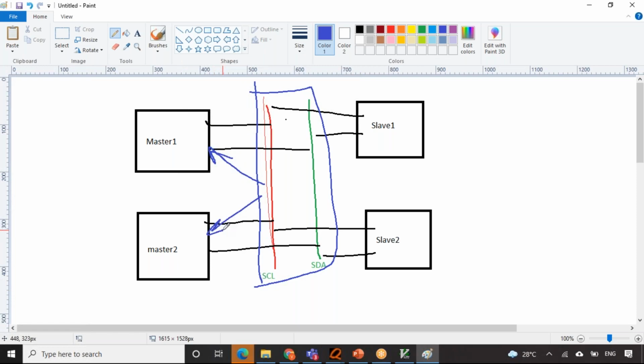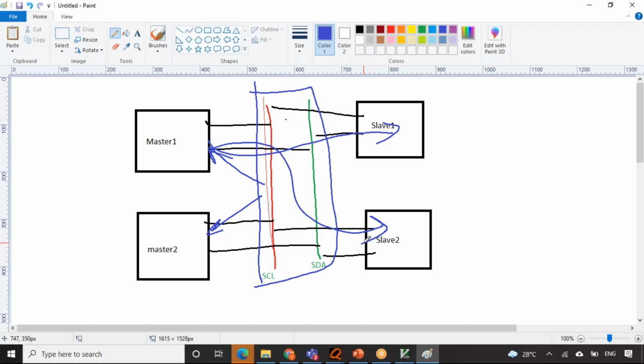One of them will become the master of those wires. Once they become the master, they can do transactions to either slave 1 or slave 2. Did you understand? Once either master takes control of the SCL, SDA lines, they can do transactions to slave 1 or slave 2.